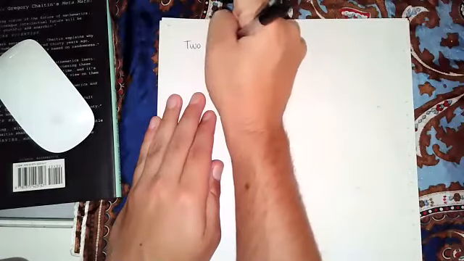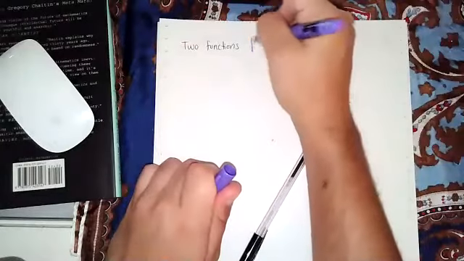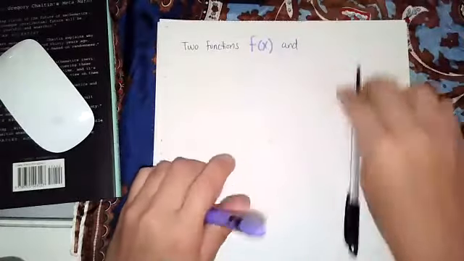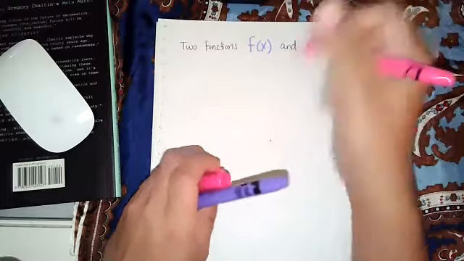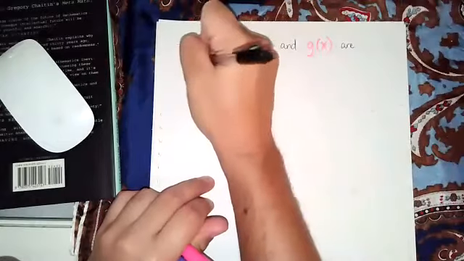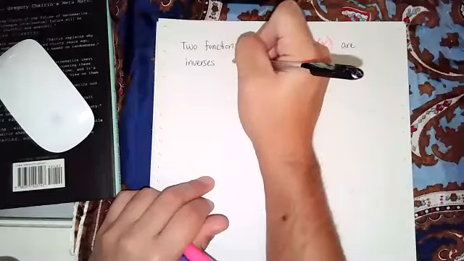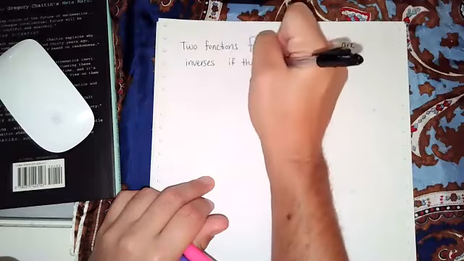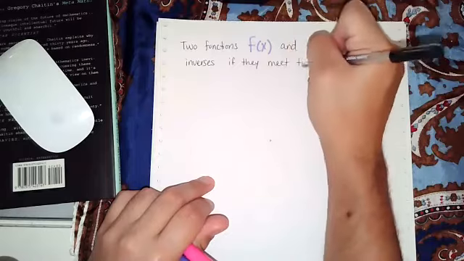Two functions, and let me just go ahead and give them names, f of x and some other function that we might call g of x, are inverses if they meet the following conditions.